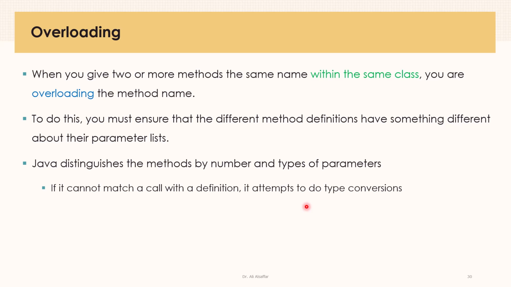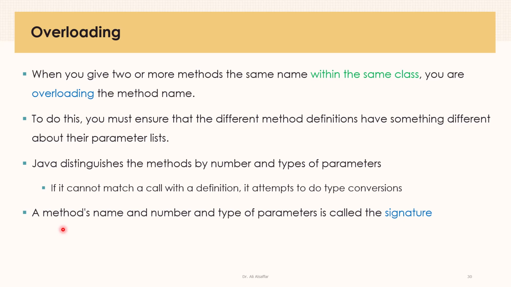So if I have a parameter in a method defined as, for example, double, and I call this method by supplying an integer, then the compiler will not see a definition of a method that has an integer input parameter. It will try to do conversion. So since there is a method whose input parameter is double, it will convert this integer into double and will use this method instead.